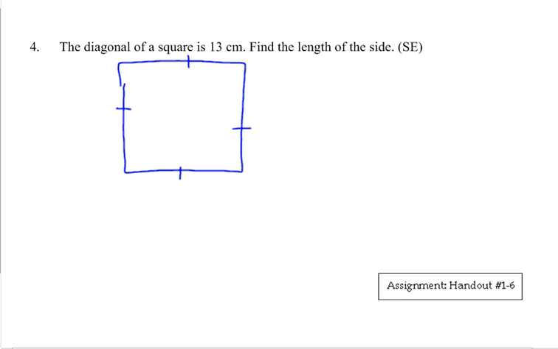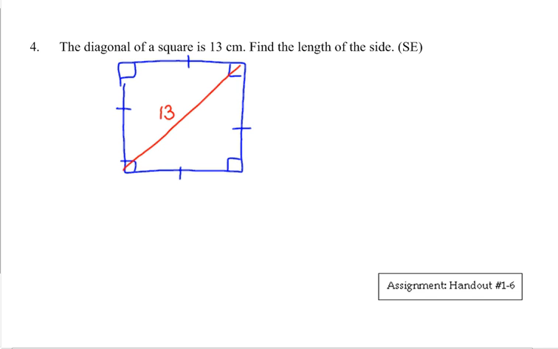They're the same triangles when it's split. Yeah. They're right, so we know these are all 90s. When we draw this diagonal, it's like that. It says the diagonal of a square is 13. Find the length of the side.